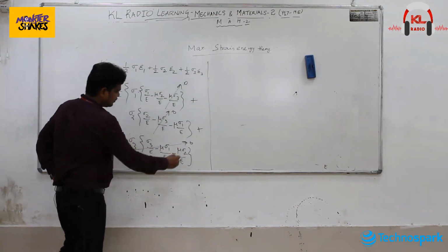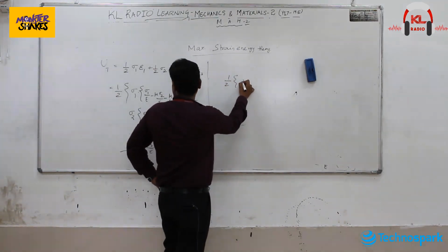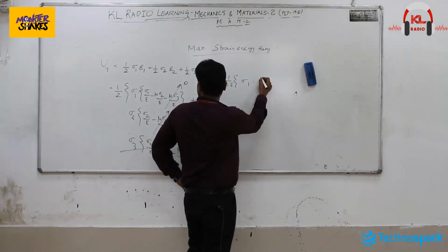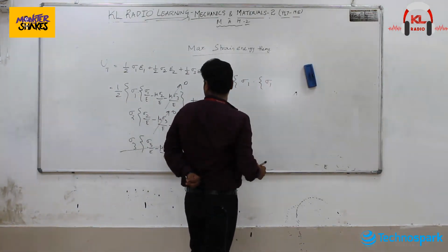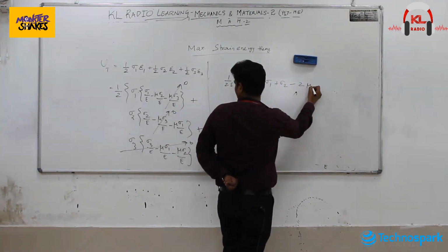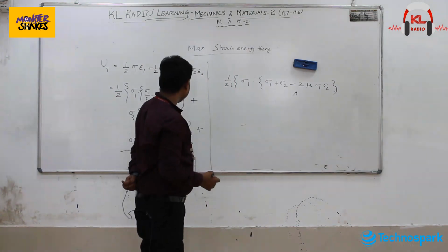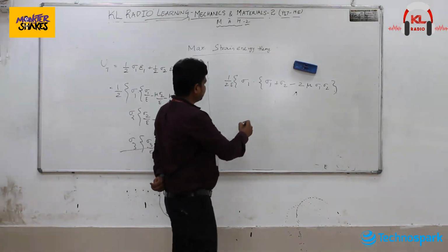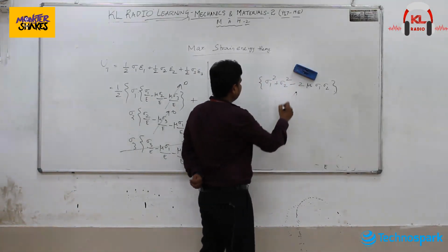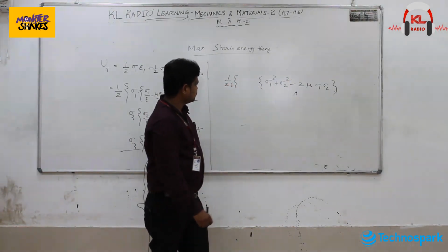The equation will be reduced to, with E common, sigma 1 squared plus sigma 2 squared minus 2 mu sigma 1 into sigma 2 for the first term, and similarly for the sigma 2 term, sigma 1 square plus sigma 2 square minus 2 mu sigma 1 into sigma 2.